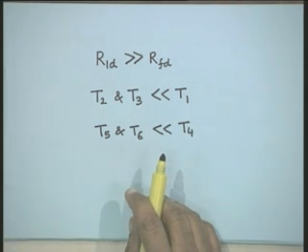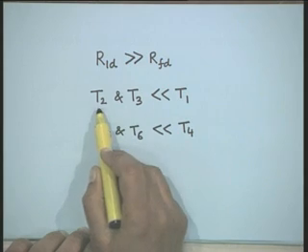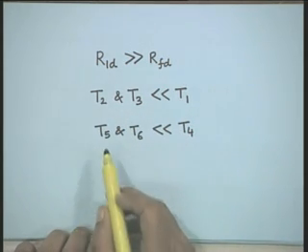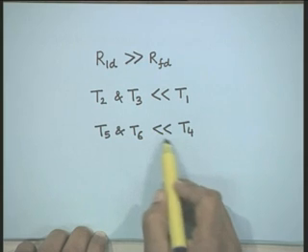R1D, which is the resistance of the damper winding on the D axis, is very large as compared to the field winding resistance. When you make this assumption, T2 and T3 come out to be very small as compared to T1, and T5 and T6 come out to be very small as compared to T4.